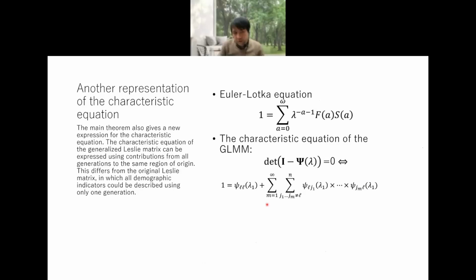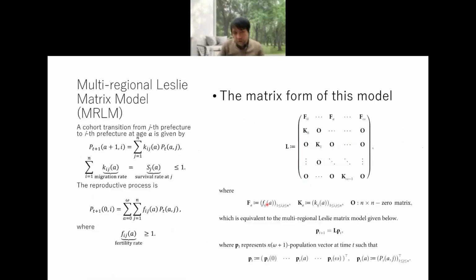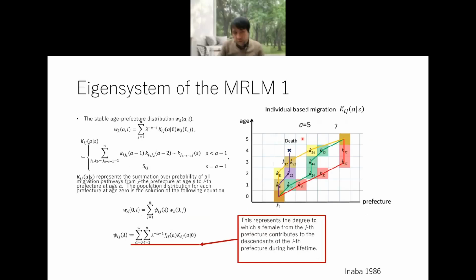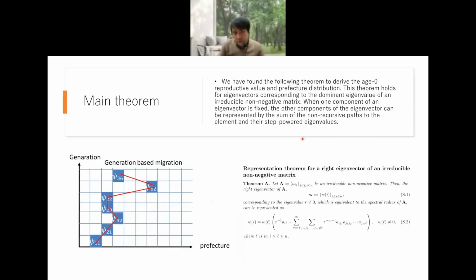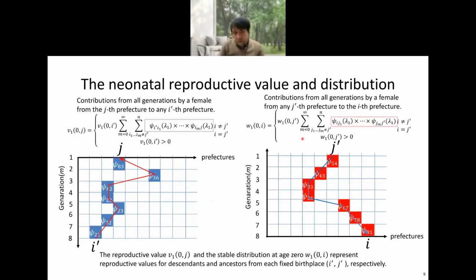Sorry, I forgot to explain. In the original Leslie matrix, these F and K are just constants, just parameters, not matrices. So that is the conventional Leslie matrix.